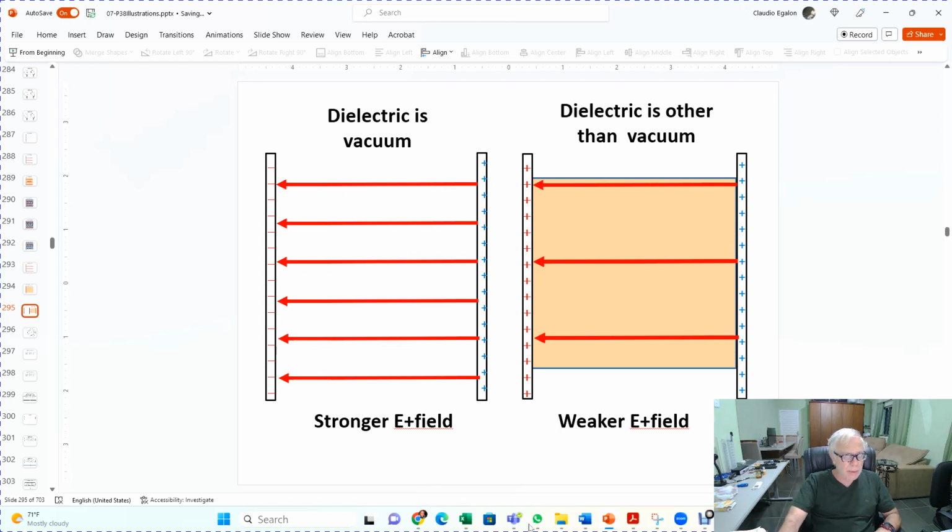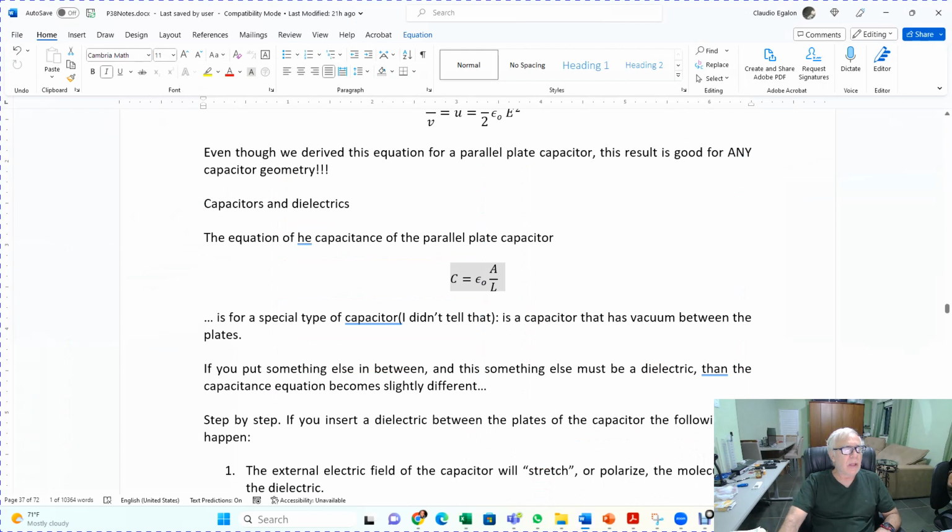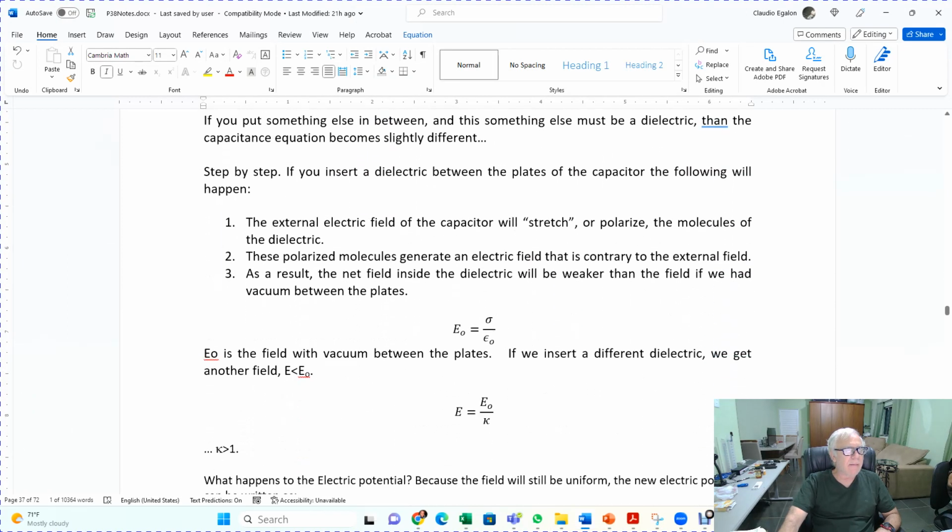Okay, I already told you that the electric field becomes weaker. Consequently, we can write that the new electric field is going to be the electric field with vacuum divided by a number that's greater than 1. We call that kappa. The electric field inside a capacitor with just vacuum is given by this value here.